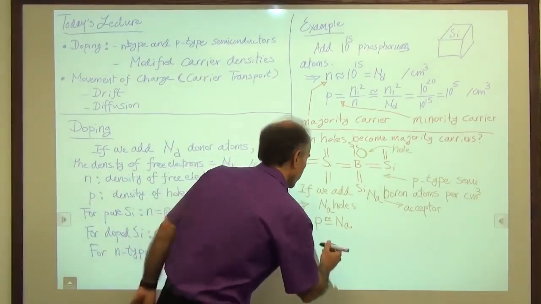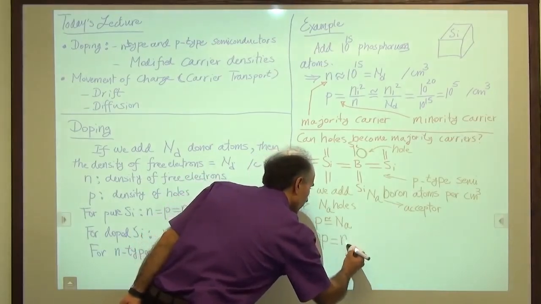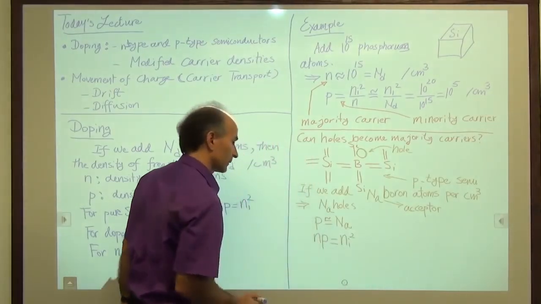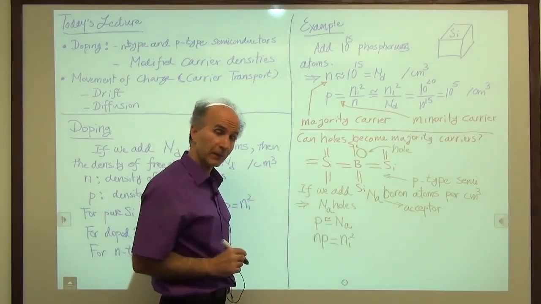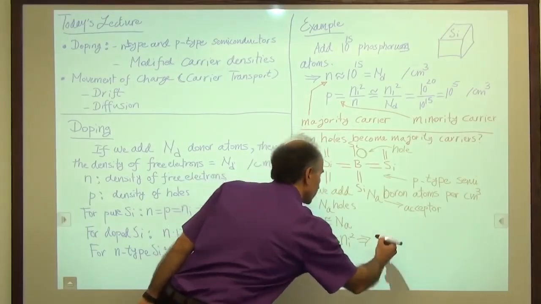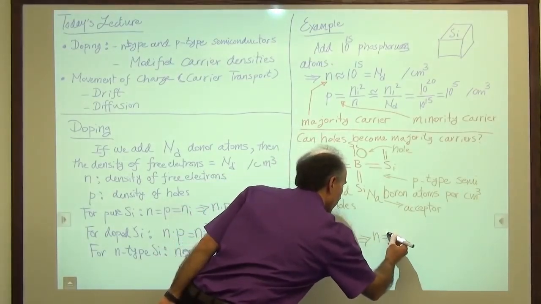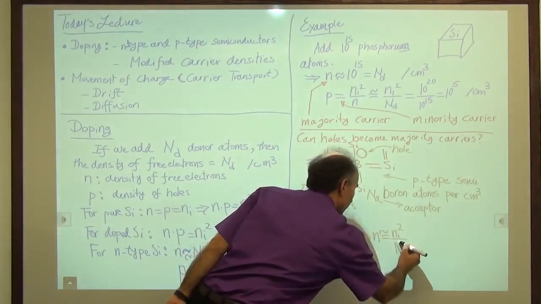So we know that N times P is always equal to Ni squared, which is a constant. And we know that P in this p-type material is equal to Na. So that means that N is now approximately equal to Ni squared over Na.